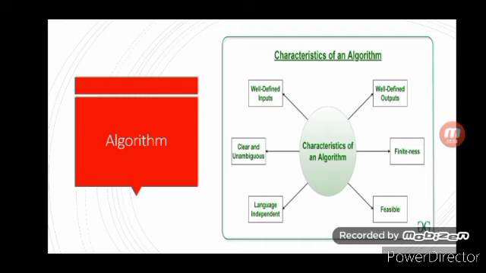Therefore, a characteristic of an algorithm is that it is feasible. The finiteness, of course I have already told you, is very important. If we don't give any finite value, then it will repeat and go on infinitely, and we will never get the answer. Now the last is well-defined outputs. Okay, these are the characteristics.